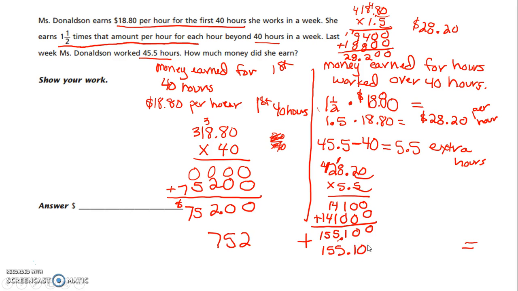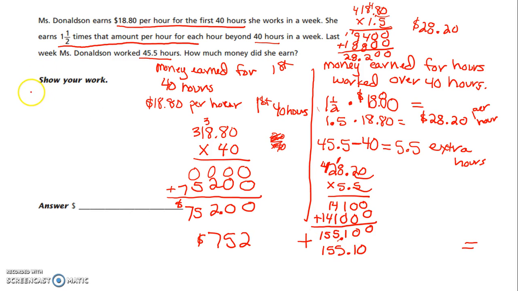And that seems reasonable. I said it was going to be around 150. I'm going to check that one on a calculator because I just want to make sure that I have the correct numbers before I move on. 155.10. Okay, good. I just wanted to double check. So for the first 40 hours, they make $752. The extra overtime, they make $155.10.